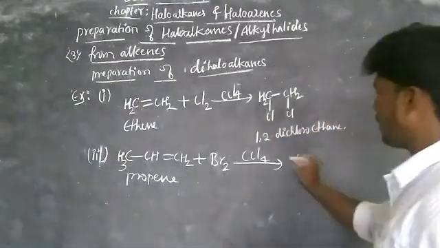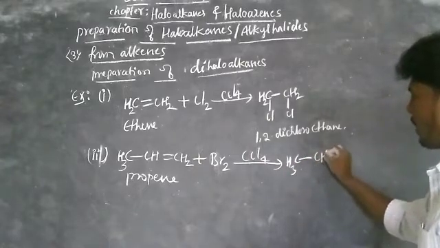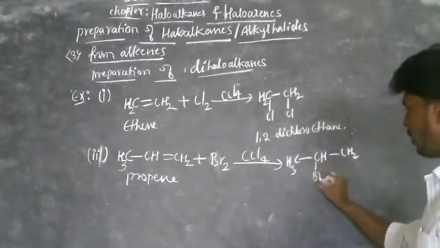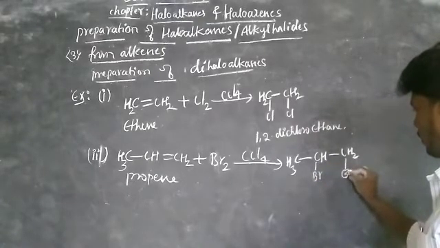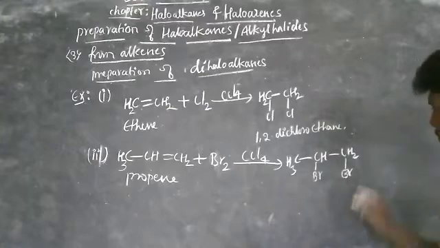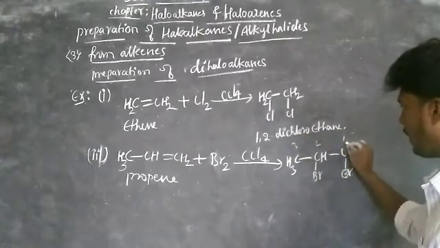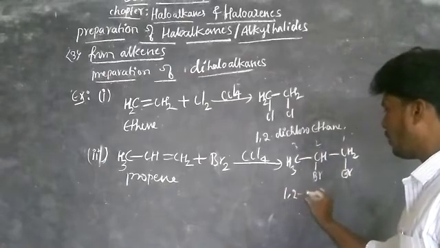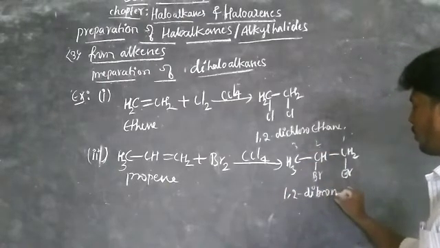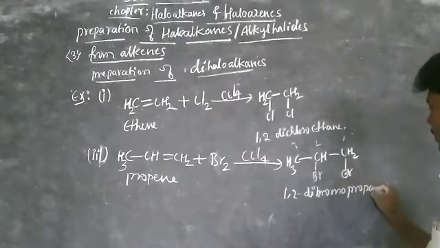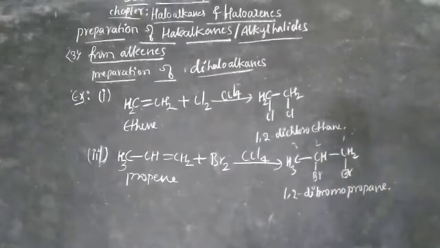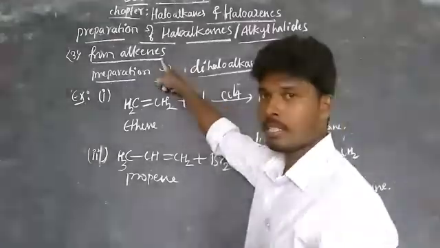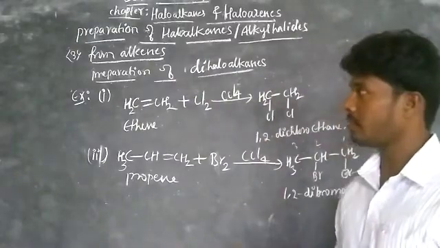The product is CH3 bonded to CH bonded to CH2, with one bromine here and one bromine here. What is its name? Numbering 1, 2, 3: 1,2-dibromopropane. Okay, so this is the preparation of dihaloalkanes from alkenes. That is the third method.